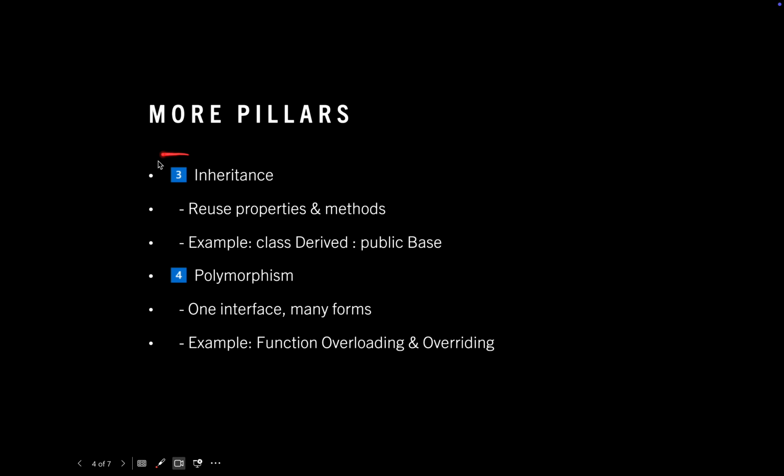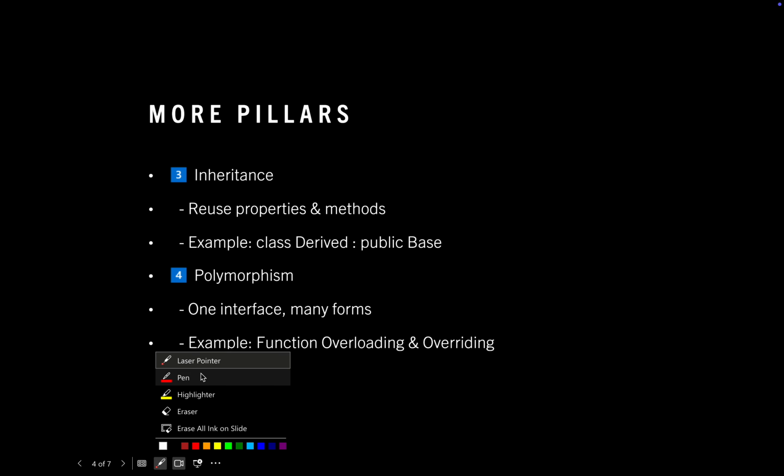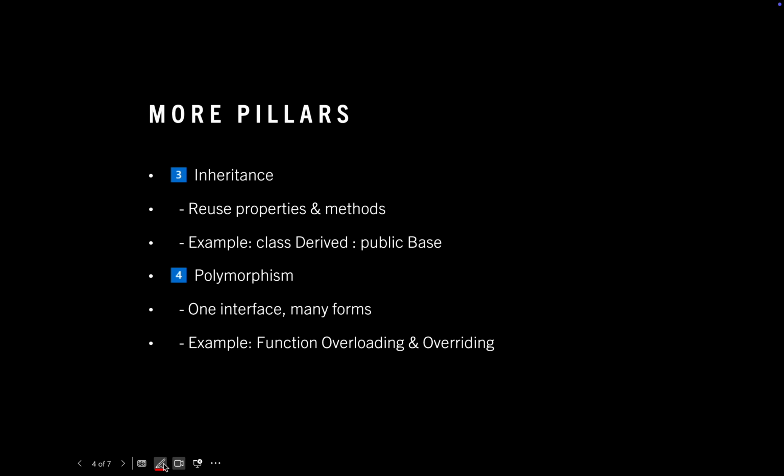Let's move forward with another pillar, which is inheritance. So what is inheritance here? Inheritance means you reuse properties and methods. You can easily understand it like this: this is a factory which has produced a car. Let's say the factory is Toyota and it produces a car like the Innova, okay.